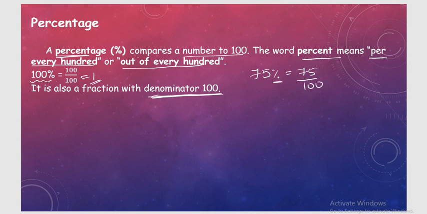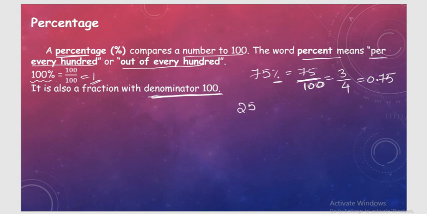Here the percent symbol becomes by 100. That you need to understand, right? 75% means 75 by 100. In number form, I can write it as 3 by 4, or in decimal form, as 0.75. These are nothing but the representations.